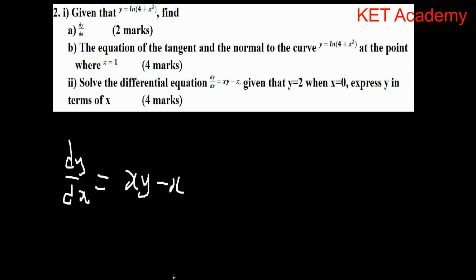Just like we used to do in subject of formulae, we're trying to bring all similar terms on one side and the others on the other side, so that we can simply differentiate or integrate. So now x is common, so we have dy all over dx equal to, we factor out our x, y minus 1.